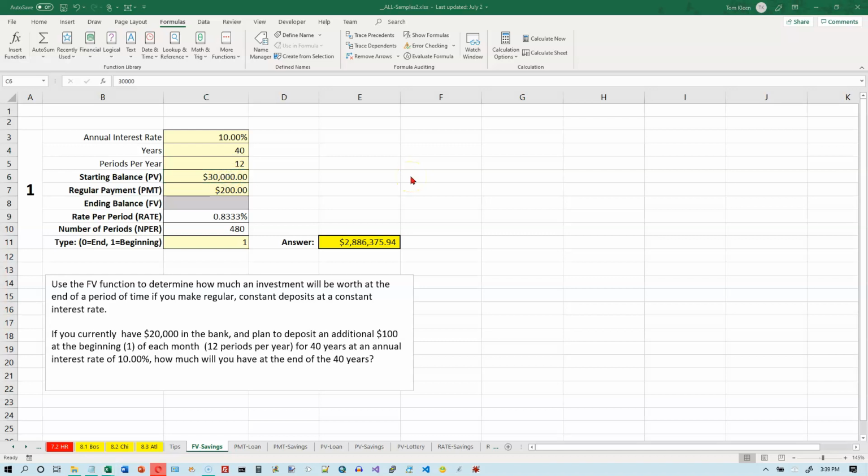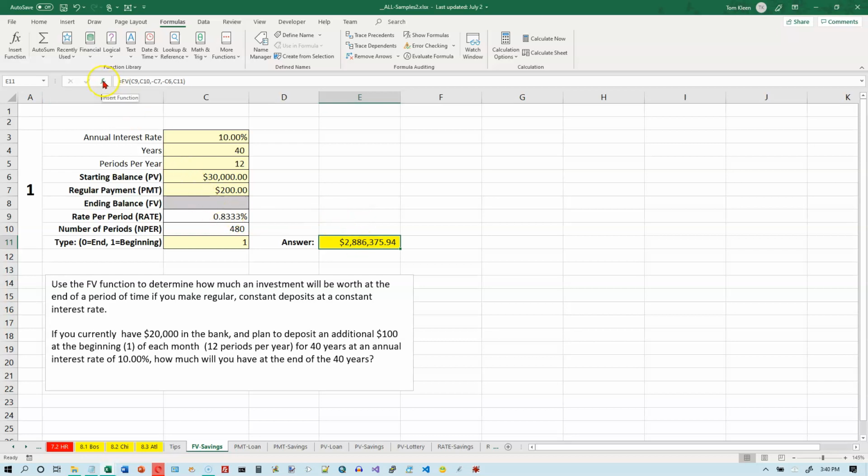Okay, one last thing. If you get your answer here, and with future value, it's supposed to be a positive number. So if it's not a positive number, or if you get some number like $100 billion or something like that, that is clearly the wrong answer. What I recommend that you do, you can double click on this and go in here and look at the cell references that you put in for function arguments. But I think a better way to do it is to put the cursor in the cell that has the formula, in this case E11.